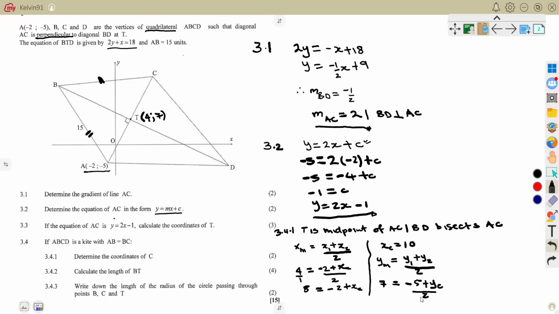When we cross multiply, we have 14 equal to negative 5 plus y at C. Eventually, when we add 14 and 5, y at C will be equal to 19. So the coordinates of C are going to be given by (10, 19).